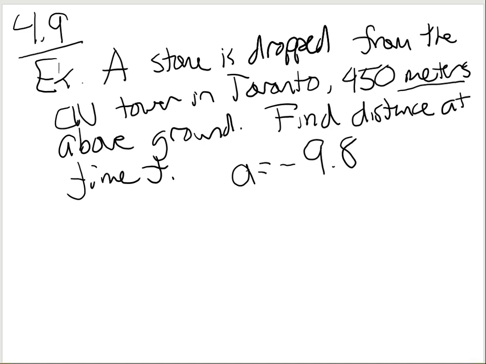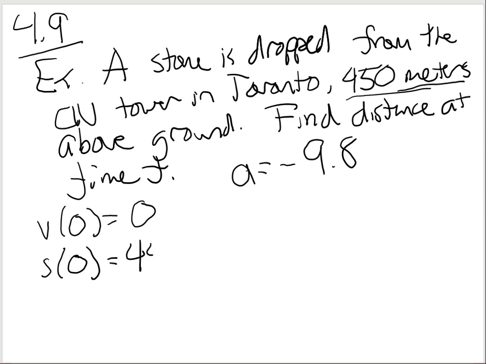What else do you have? Well, it's being dropped, so you're not throwing it towards the ground, you're just dropping it. So its velocity at time 0 is 0. And its position, I'll put it as s, is its distance at time 0 is, well, it's 450 meters above the ground, so we'll say that's 450.